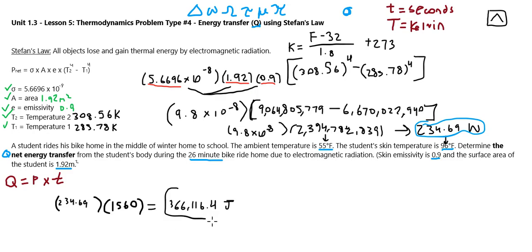That is the answer to this question, and that took a long time, but once you get used to it, it will go quicker. It was just because I was saying it out loud.